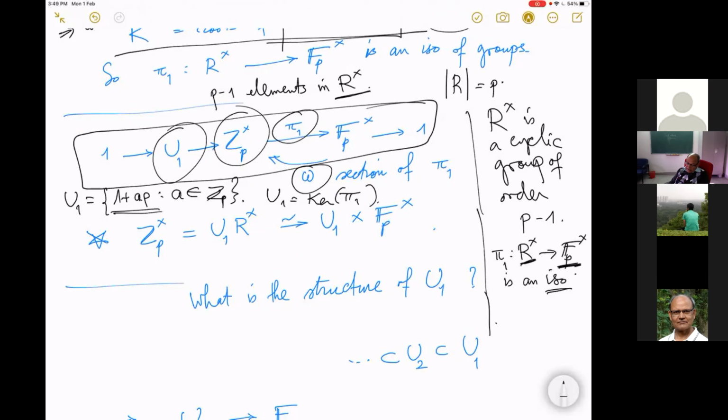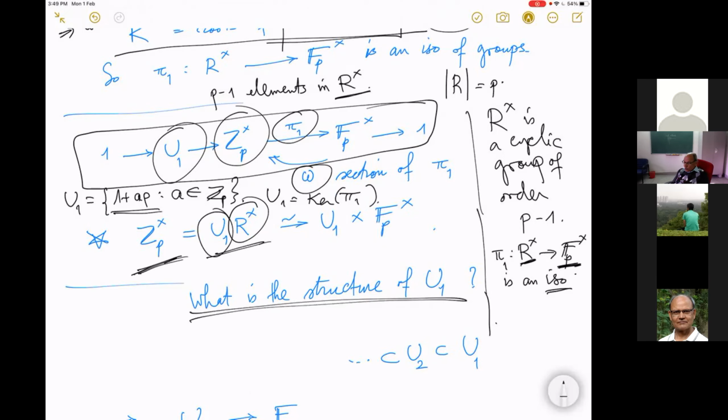And the claim is that this Zp star is actually the product of these two subgroups. So basically, we wanted to understand what the structure of the group Zp star is. Now we understand one of the factors, R star, and the other factor U1 is what we want to understand later.